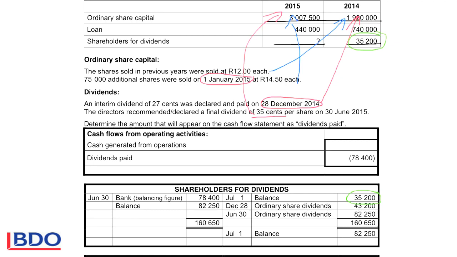Then I have to calculate what is the interim dividend. Now remember, we said only the old shareholders are entitled to the interim dividend because the new shares were sold after the interim dividend was declared. The old shares were sold at 12 Rand each.